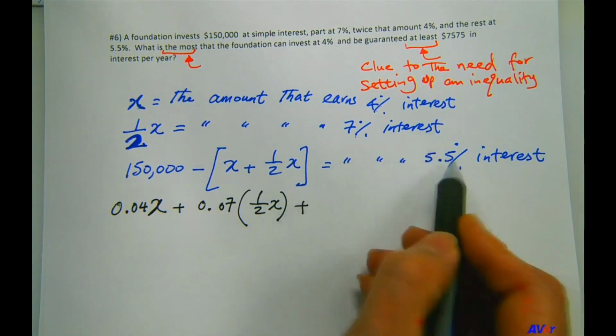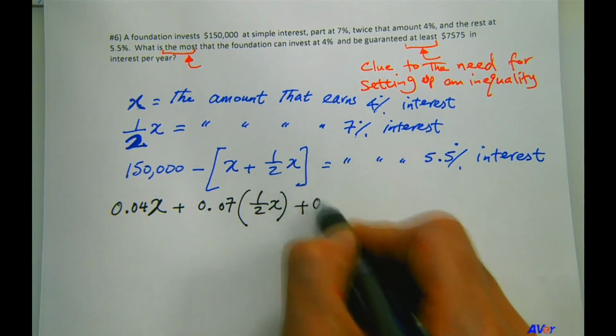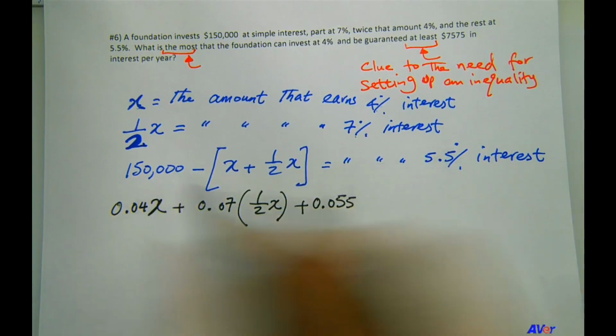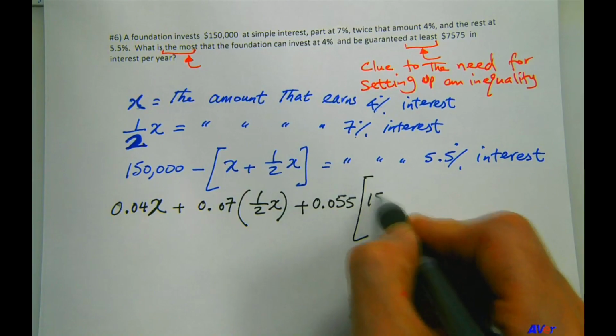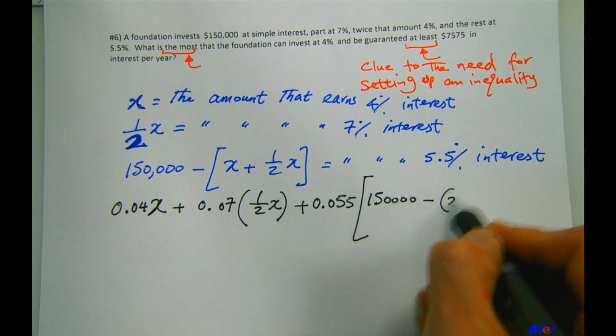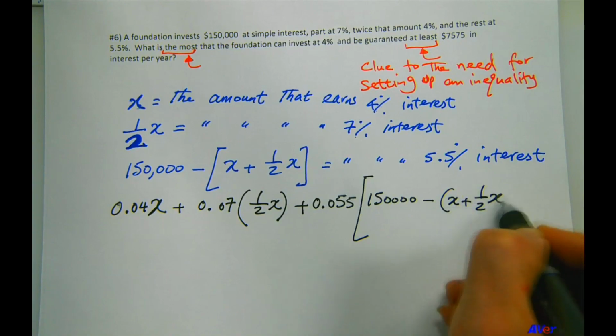Plus, of course, 5.5% or 0.055 times all of that, 150,000 minus x plus 1/2 x.